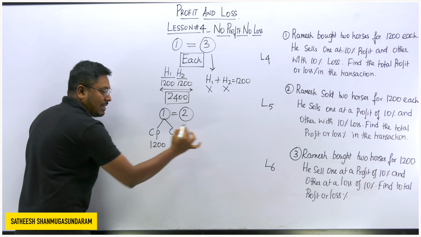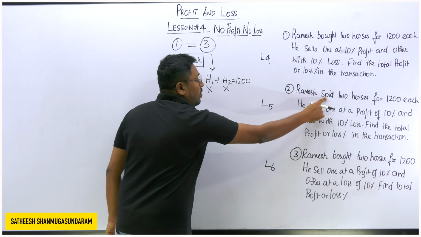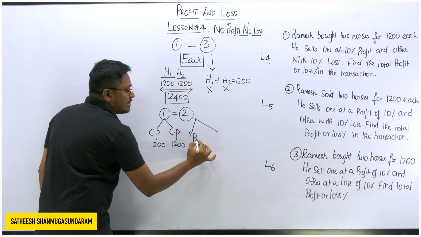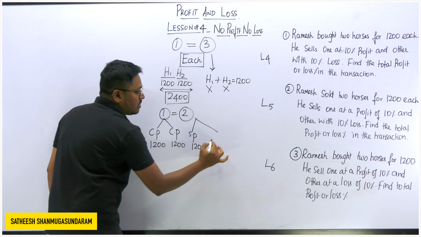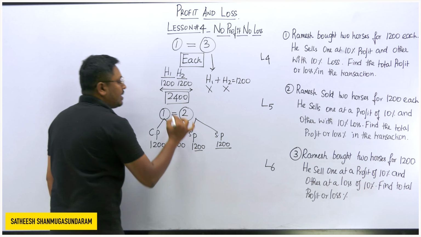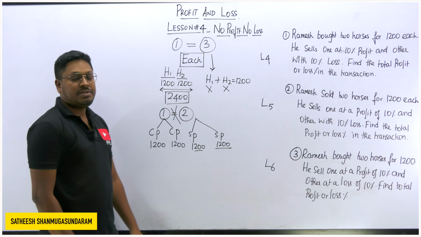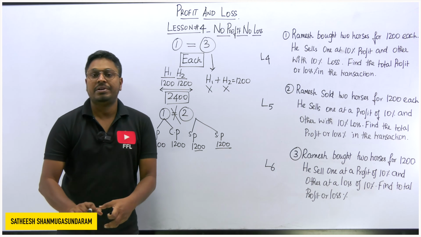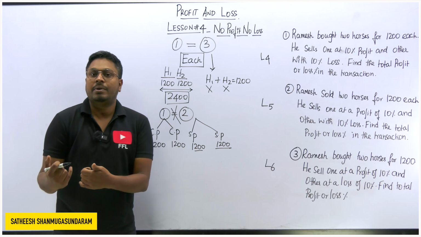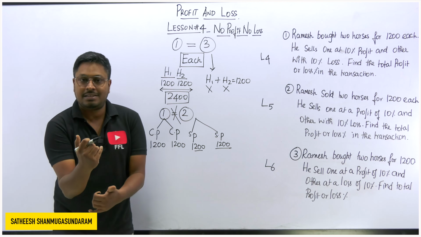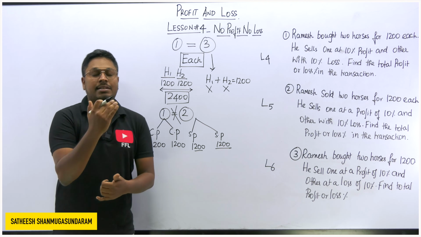But in the second question, he sold 2 horses, which means the selling price has been given. The selling price of the first horse is 1,200, and the selling price of the second horse is 1,200. That is the difference between the first question and the second question. In the first question, it is bought; in the second question, it is sold. And the third question and first question look similar, but there is a word missing, that is each. If there is the word each, then it is the first question.